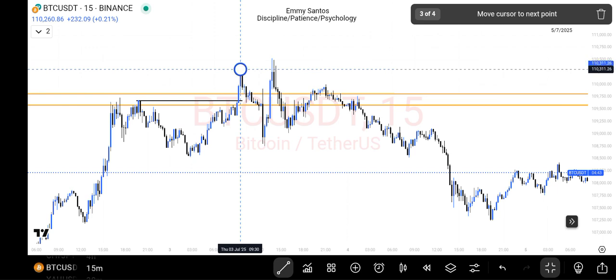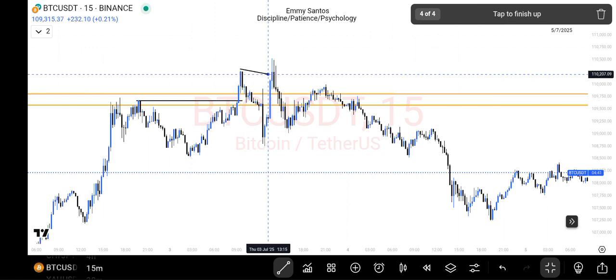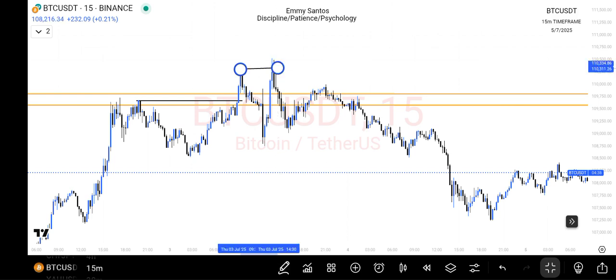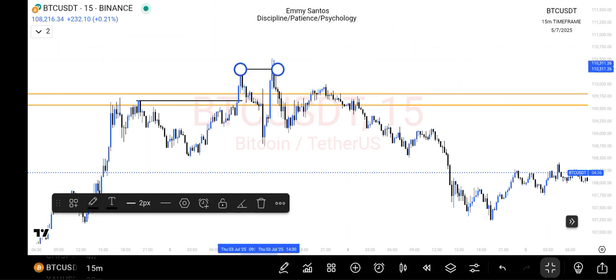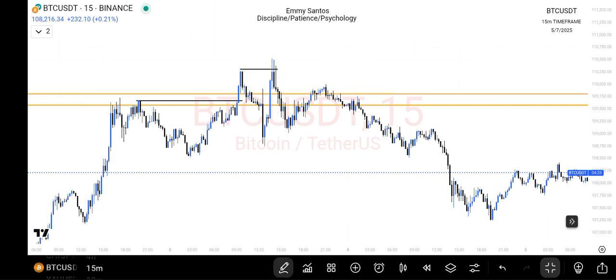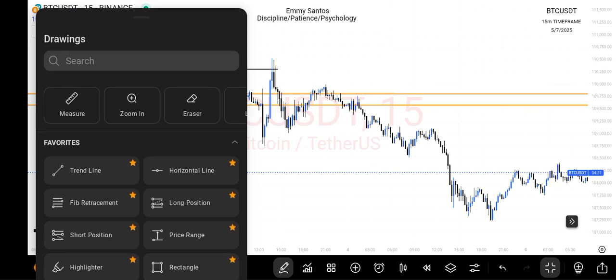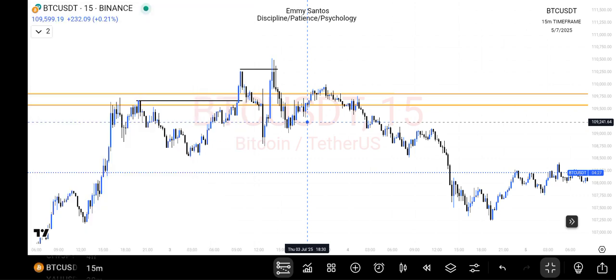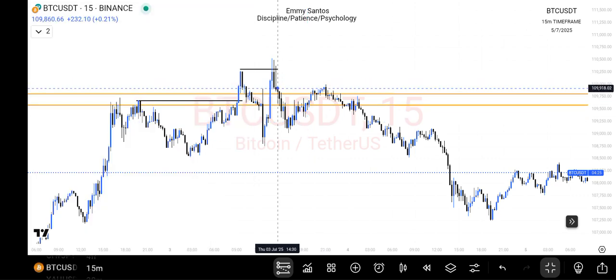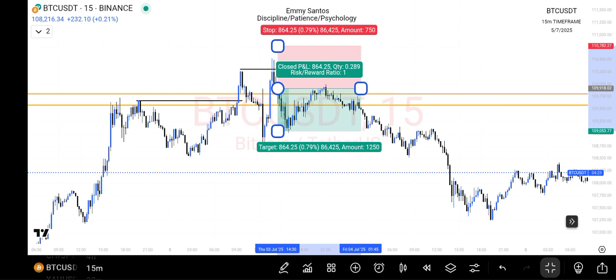If price had broken with a body candle, you shouldn't have entered this trade, but rather it swept liquidity with a weak candle. So that was what added to my confidence in taking this trade.